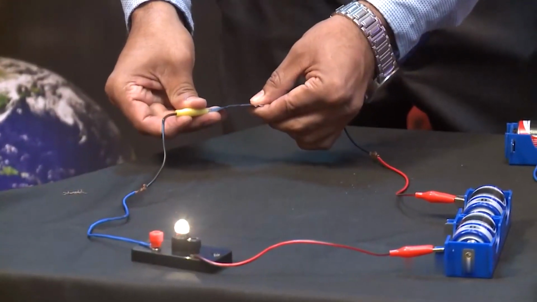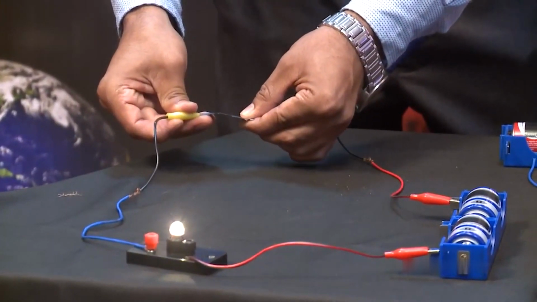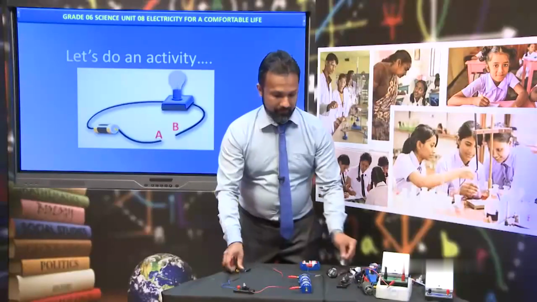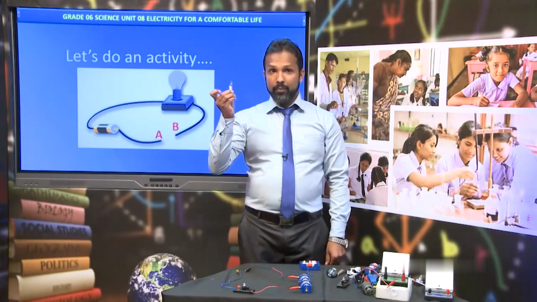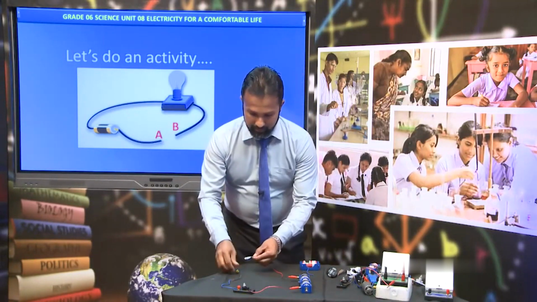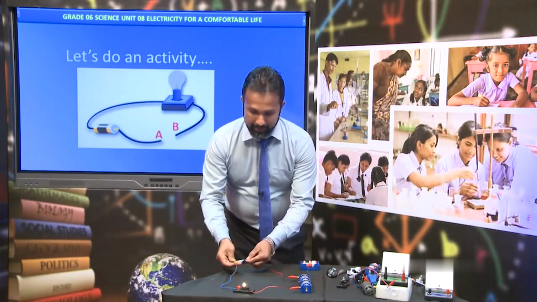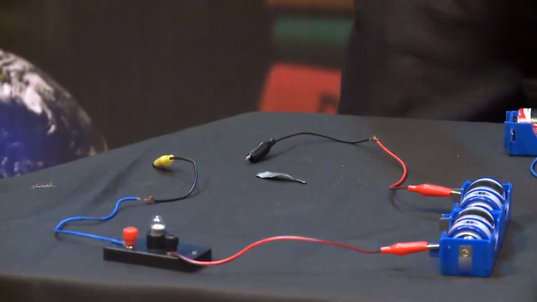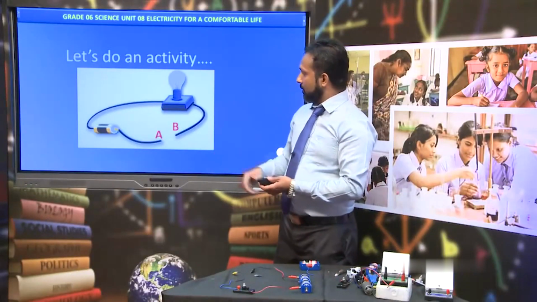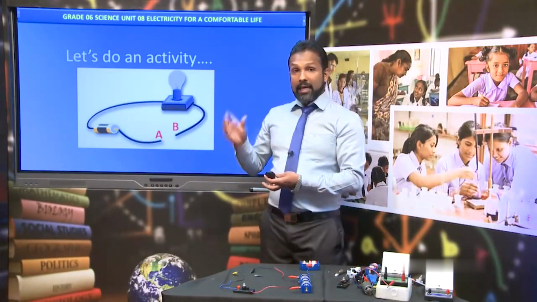The bulb glows. That means current passes through the lead. This is zinc. I am going to keep a piece of zinc. Current passes, the bulb glows.